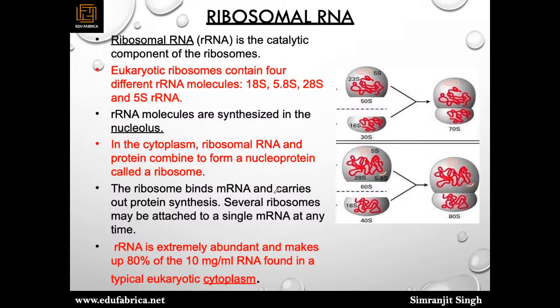It makes around 80% of the 10 milligram per ml RNA found in the typical eukaryotic cytoplasm.